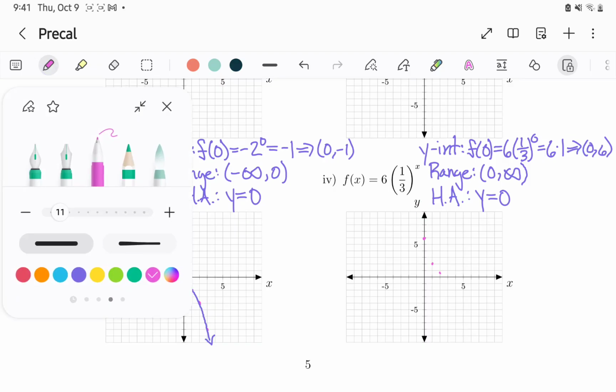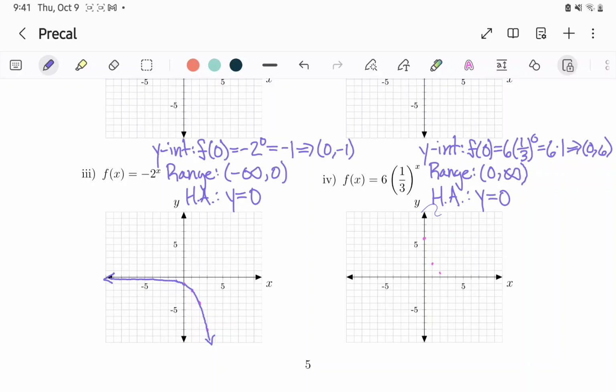So let's just go ahead and sketch, even though we only did 3 points.